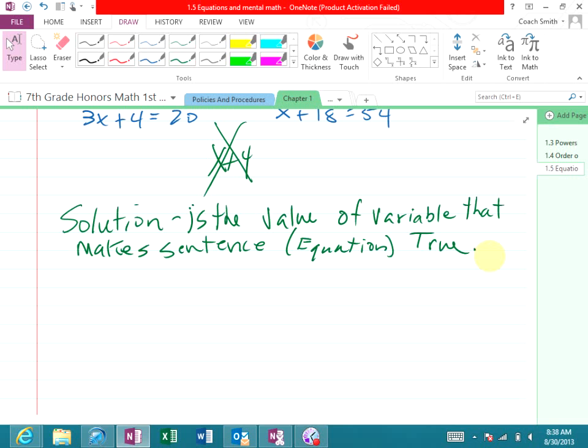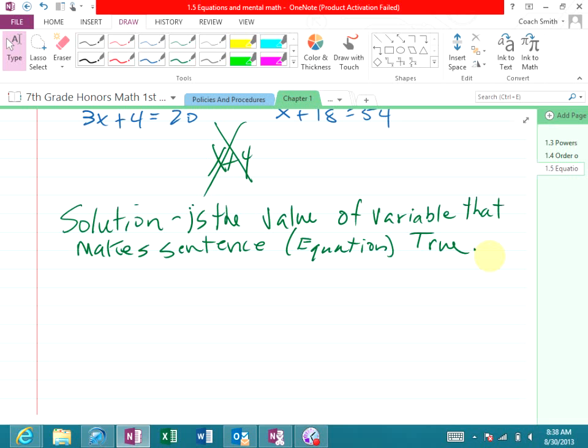Now, we're going to do two basic things today. The first is they're going to give you an equation, and they're going to want you to plug in a value that they give you and tell them whether it's the solution or not. For example, if I gave you this, let's see here.